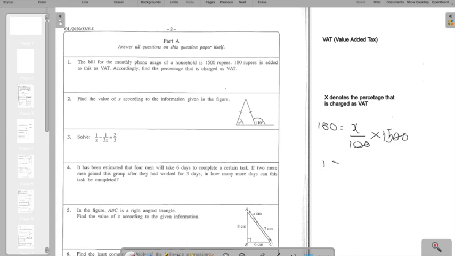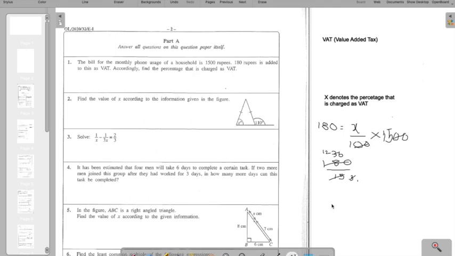So 180 is divided by 15 now, because according to cross multiplication, 15 will be taken to the left hand side. 5 times 36 is 180, right? So you divide 180 by 15 and you will get 12.